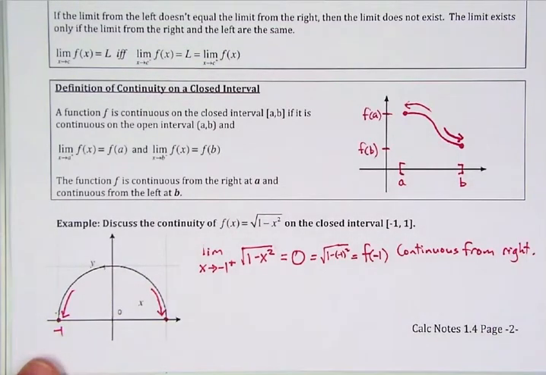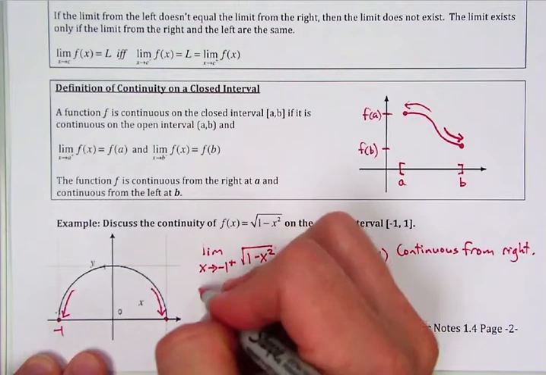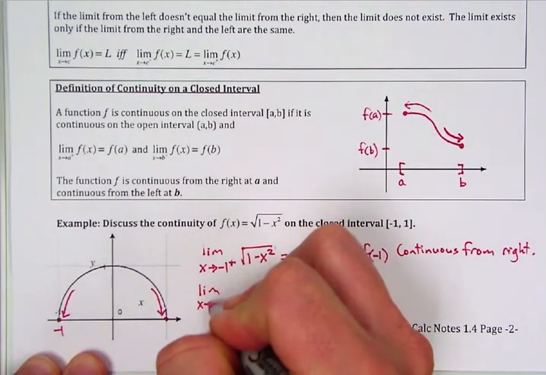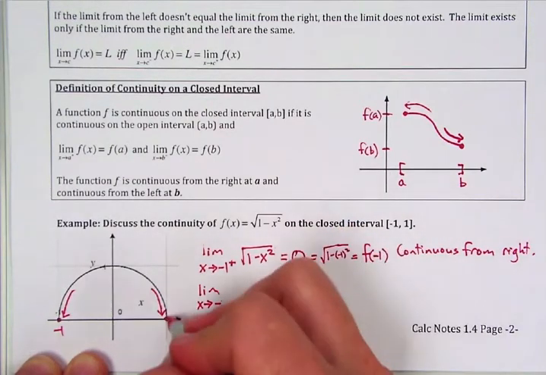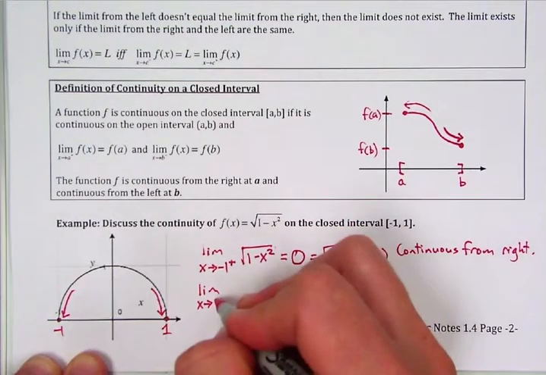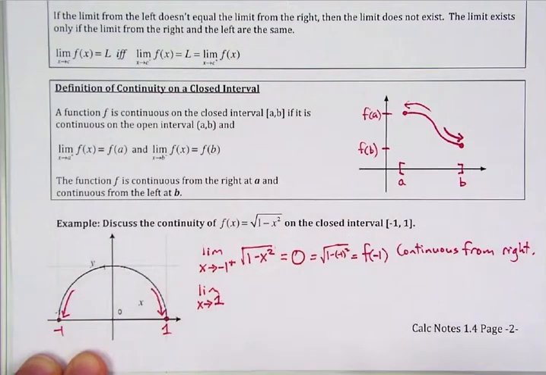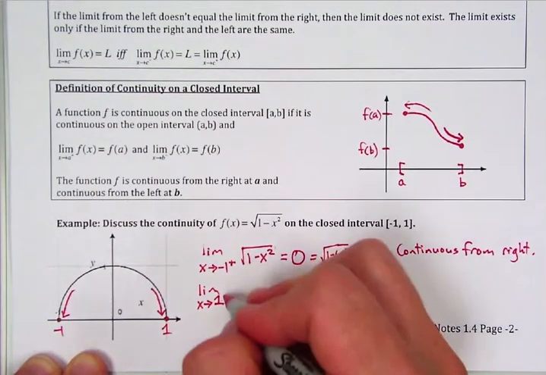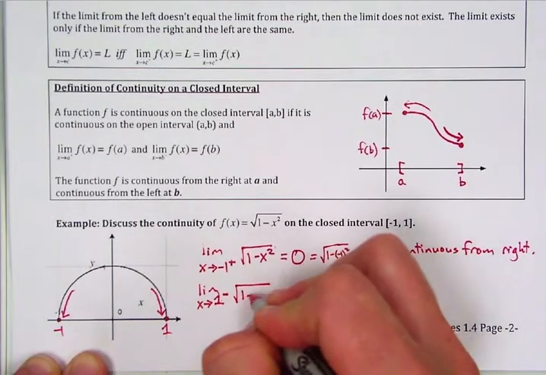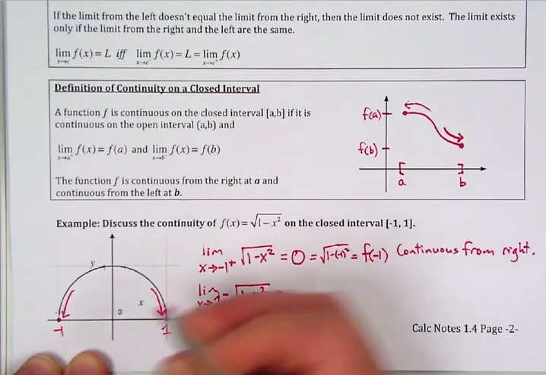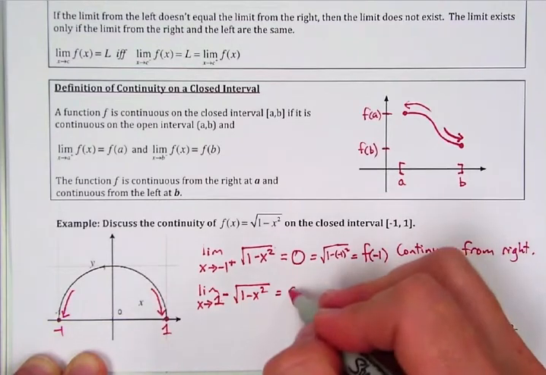Now we're going to check that it's continuous on the left. So we're taking the limit as x goes to this point of 1. And this is going to be from the left side, so we're going to put minus. Then our function. And we can see this is also going to 0, so we know that's the limit.